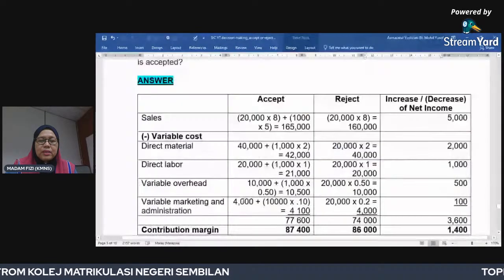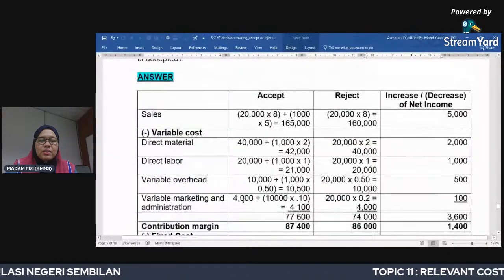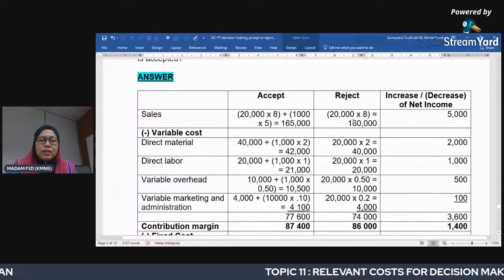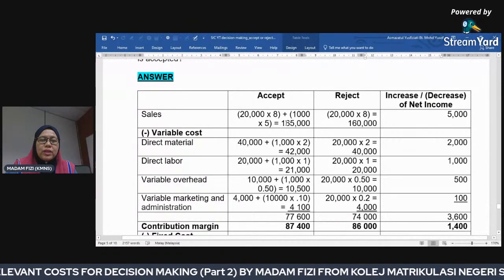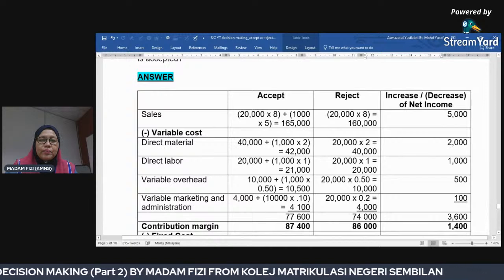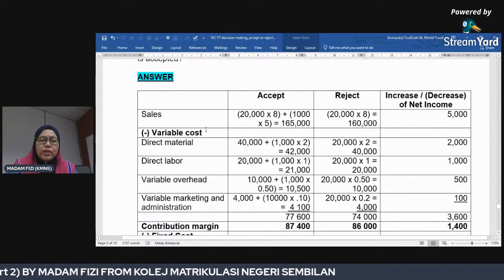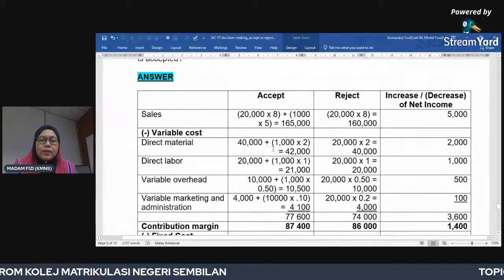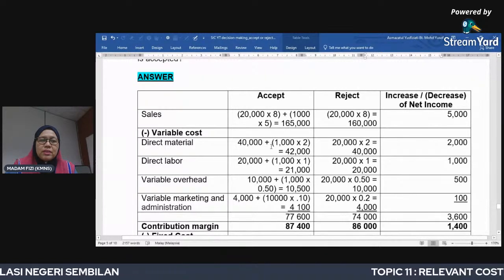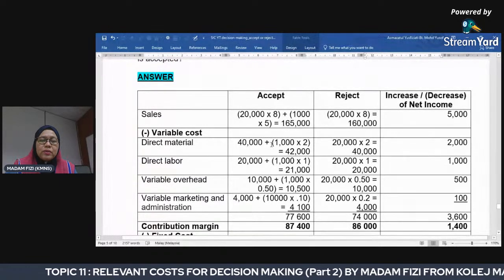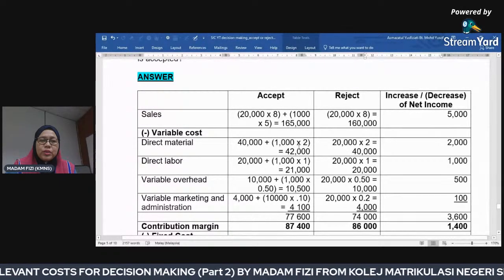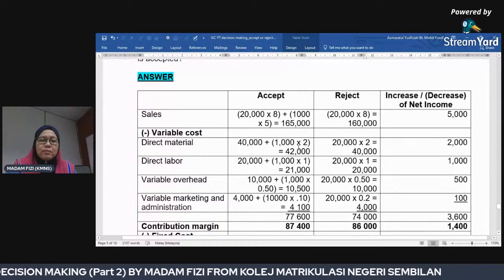Okay, now this is method 1. We calculate the sales. If we reject, it is 180,000. If we accept, you minus the 1,000 times 5, so it equals 165,000. The difference is 5,000. For variable cost, for direct material, direct labor and variable overhead, you have to add the special order 1,000 times the cost per unit for each.